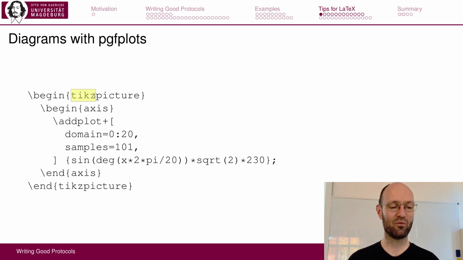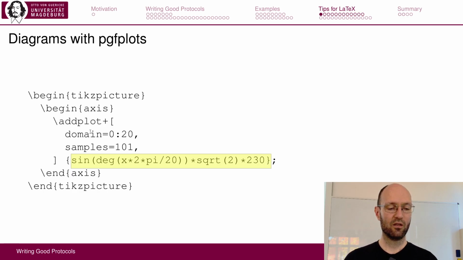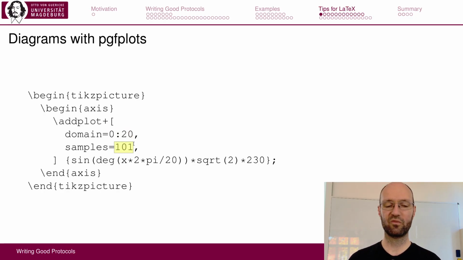You program everything with commands, and inside this environment that can generate more or less arbitrary figures, there's something that creates plots. So there's a begin axis and an end axis, and this will do a linearly scaled plot. Then we have a command that adds a line to this plot with this formula, a sinusoidal function, in this domain from 0 to 20 with 101 samples.